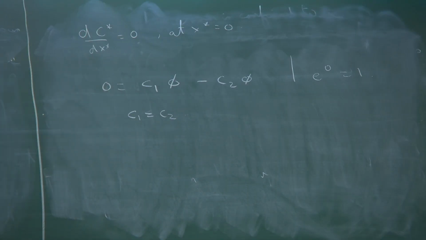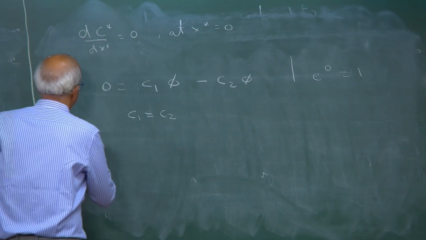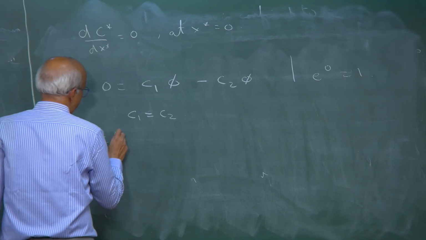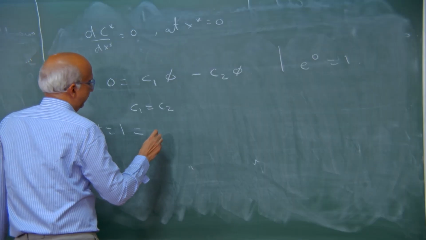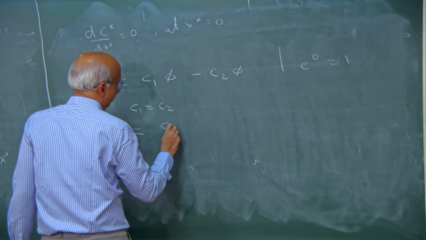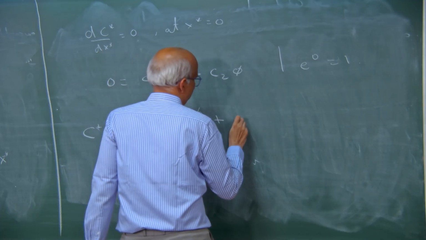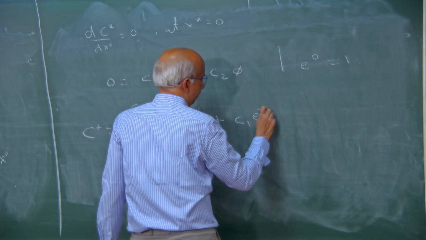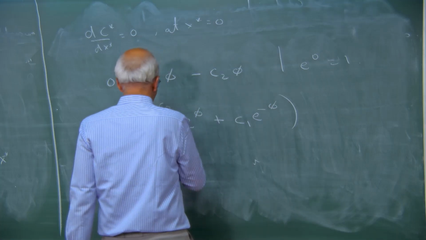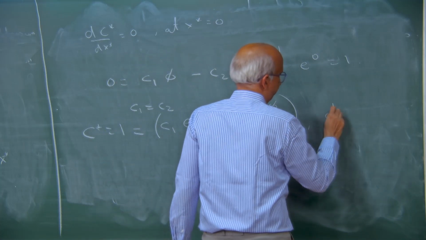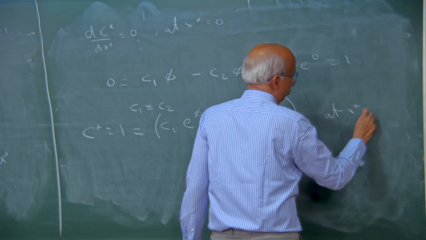And now, the other boundary condition, C star equal to 1 at x star equal to 1, that means C1 e power phi plus C1 e power minus phi at x star equal to 1.